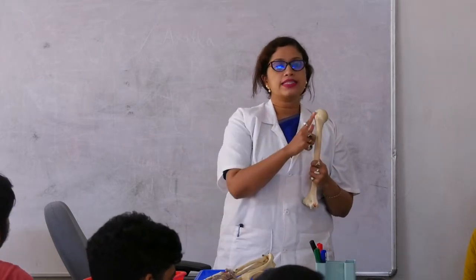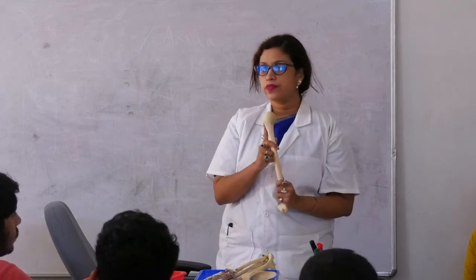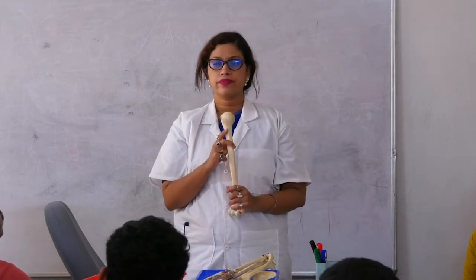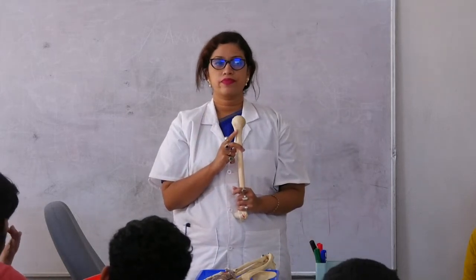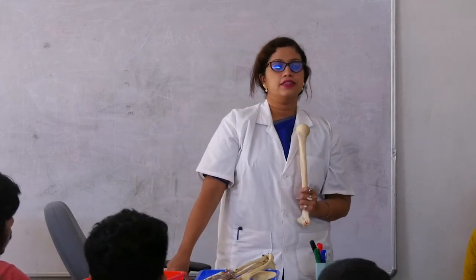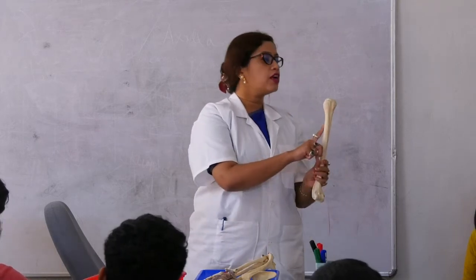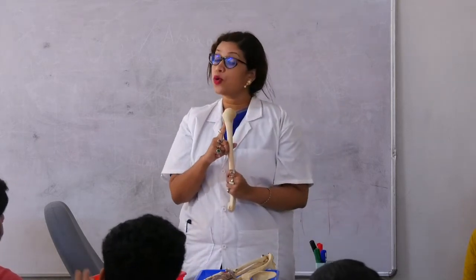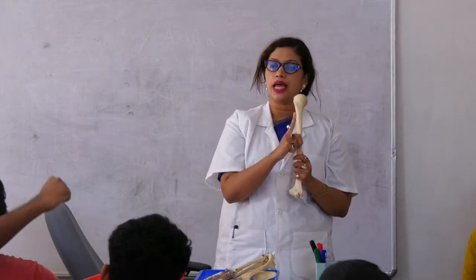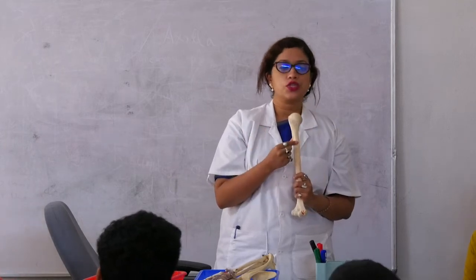So what are the other structures that are passing through this bicipital groove? The tendon of the long head of biceps brachii and one artery, another artery: posterior here, anterior circumflex humeral here. So one of the persons told about the transverse humeral ligament.